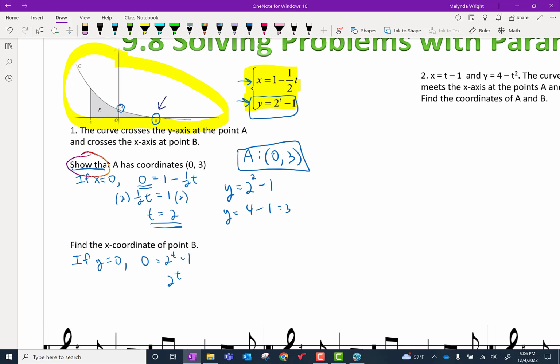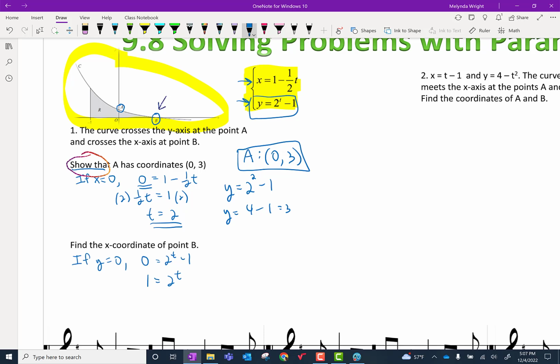Perhaps you remember from Algebra 2 how to solve exponential equations like this. In this particular case, we have 2 to some power t is 1.